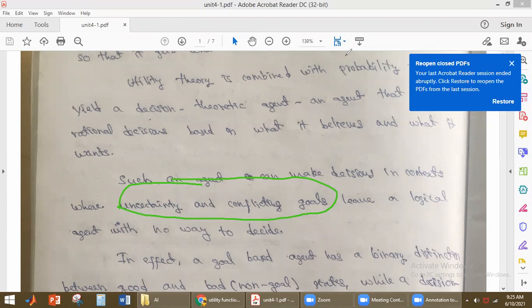This decision theoretic agent depends upon utility theory and probability theory, and it will be able to take decisions properly in uncertain environments with conflicting goals. Whereas the logic agent will not be able to take decisions here and will get stuck. So that is the advantage of this decision theoretic agent.